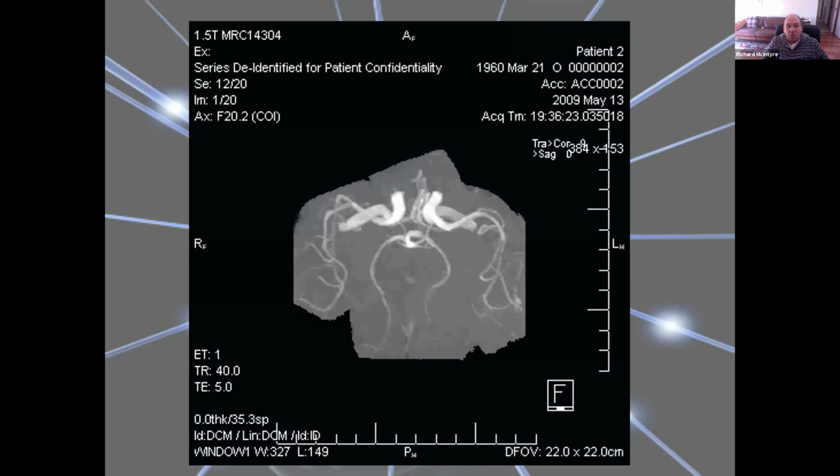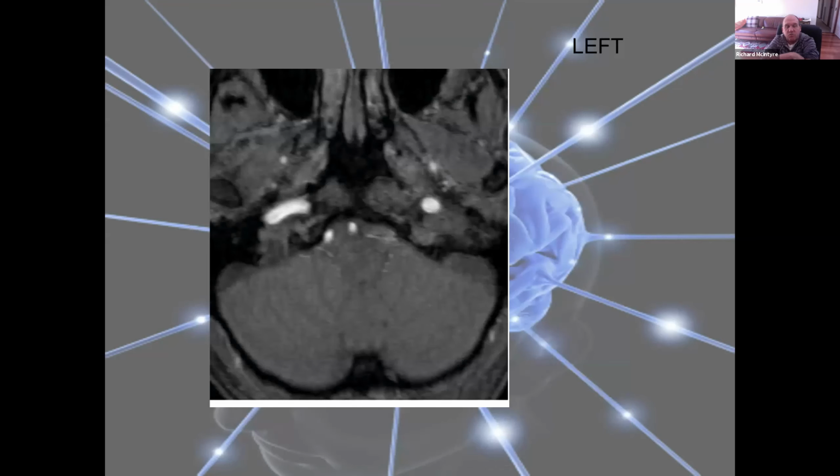These images are called MIP images, maximum intensity projection images. Someone's sleeping. That's disgusting. What they're made up of is raw images. These raw images show the blood vessels.